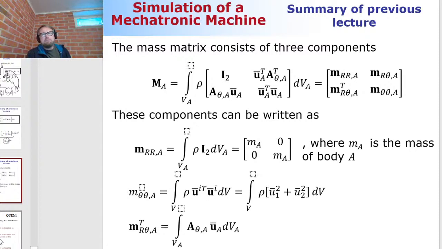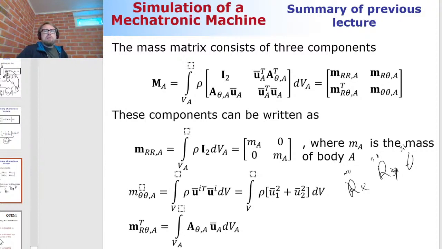So then, let's take a look. How is this mass matrix? The mass matrix for one body is a matrix with 3 by 3 dimensions, meaning 3 rows and 3 columns. These 3 rows and 3 columns are, of course, associated with your generalized coordinates, x, y, and theta, and the acceleration of your generalized coordinates.